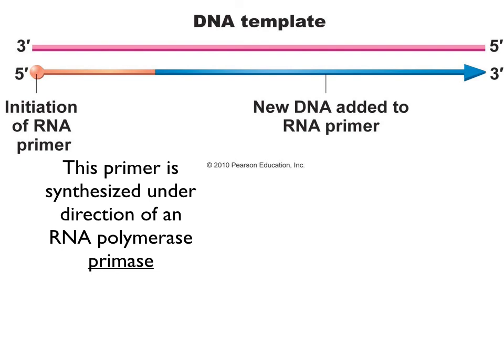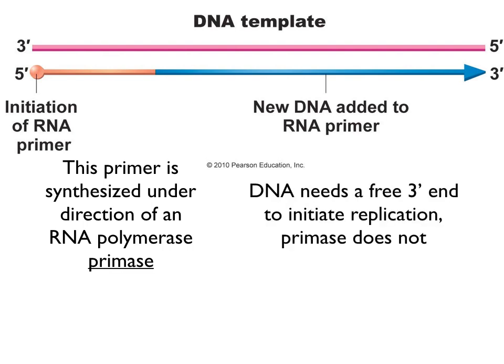I can now add DNA nucleotides to this and create a long blue DNA strand that is complementary to the RNA. So this is an important restriction in the ability of DNA polymerase to synthesize DNA. They have to have a hanging off 3' end.